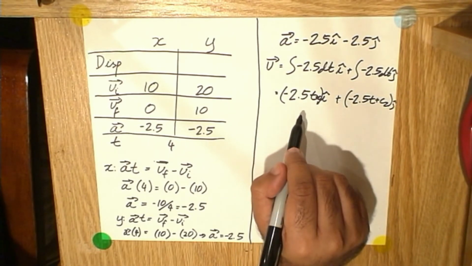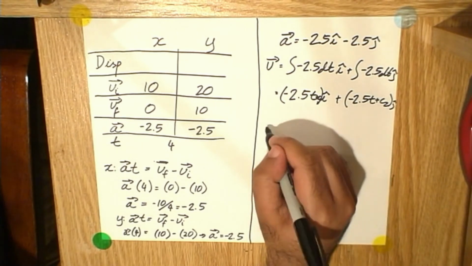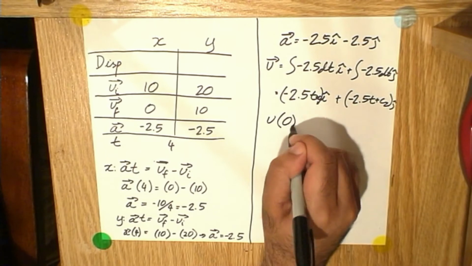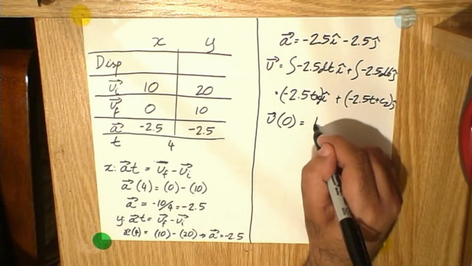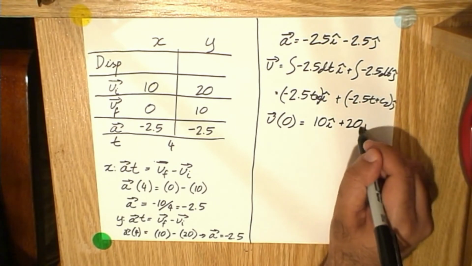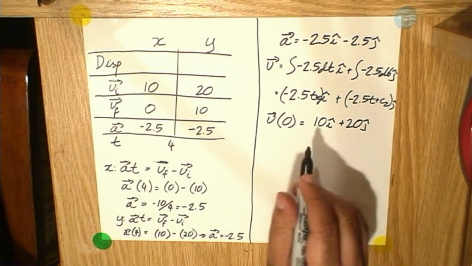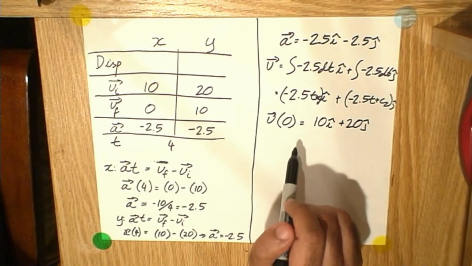So we need to find out what c1 and c2 are. We know that at a time of 0 seconds, the velocity was 10 i hat plus 20 j hat. Because that was our initial velocity, that will actually also be the values for c.